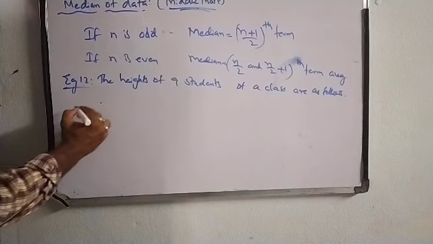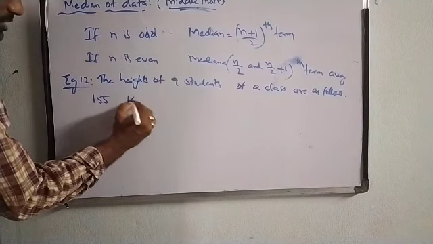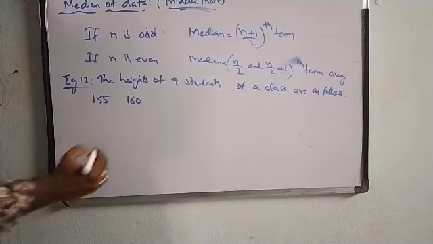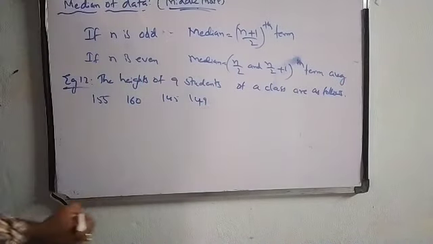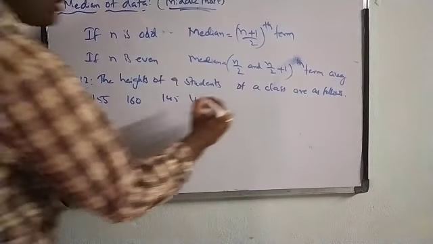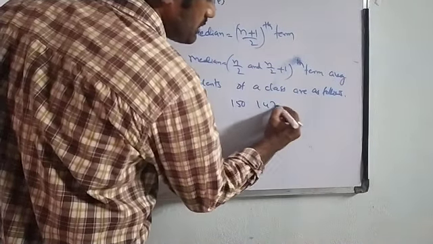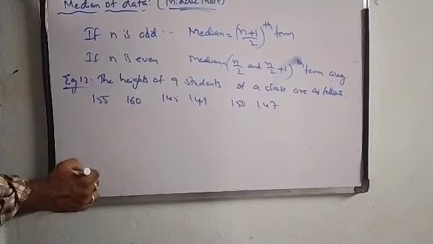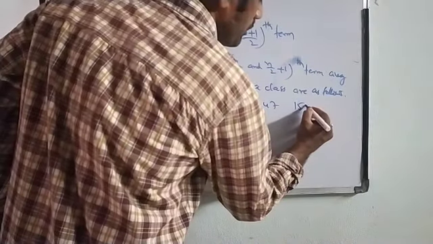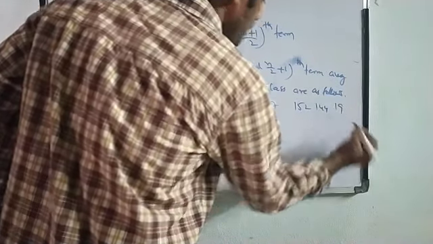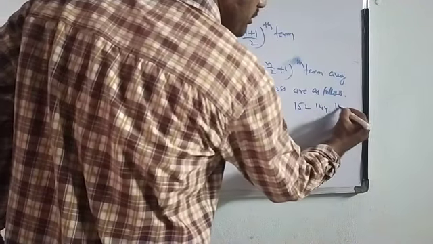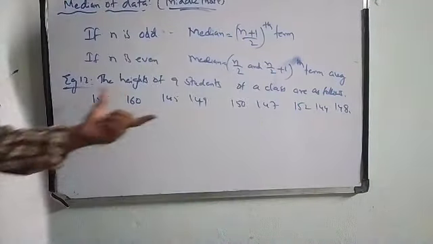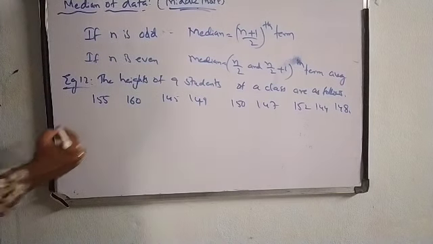So the heights are 155, 160, 145, 149, 150, 147, 152, 144, 190, 148. So these are the heights of the various students. So we have to find out median.